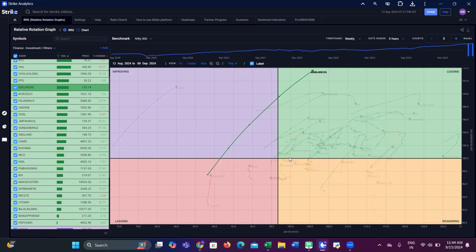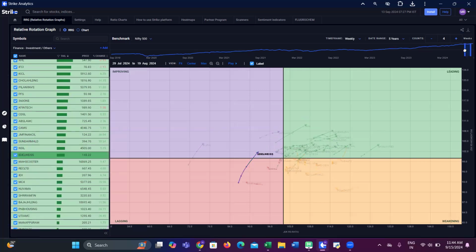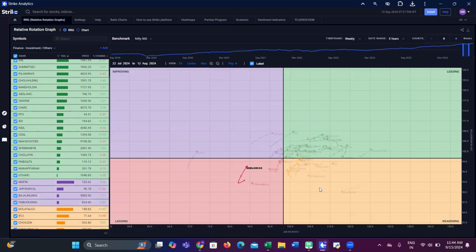Why I want to show you this is, I was telling you that myself and one of my close friends, he's very kind, we were talking and we were spotting this. Look at this. Look at the movement. It is in lagging.